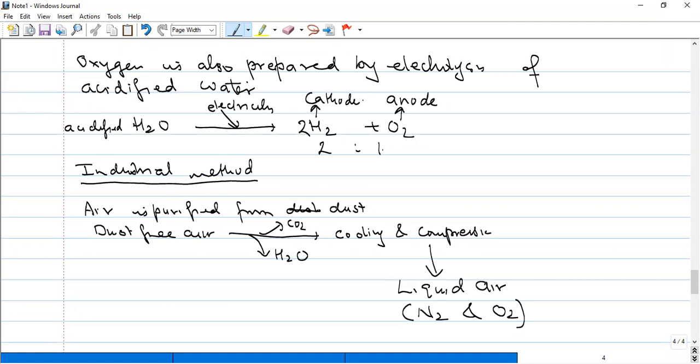And this air on cooling and compression, high pressure करेंगे तो air is converted into liquid air, and this liquid air on fractional distillation, at higher and higher temperature, you get oxygen and nitrogen at different temperatures.